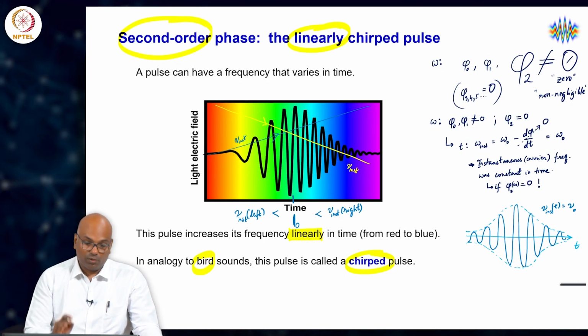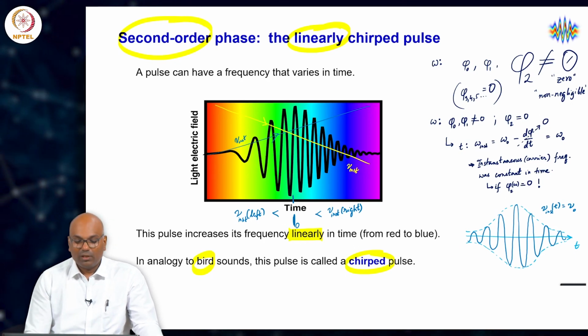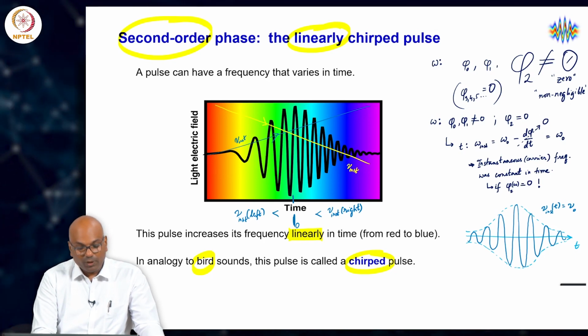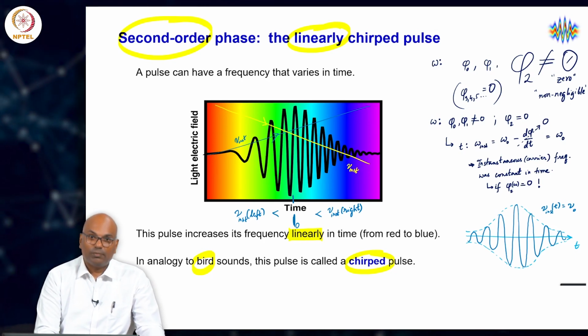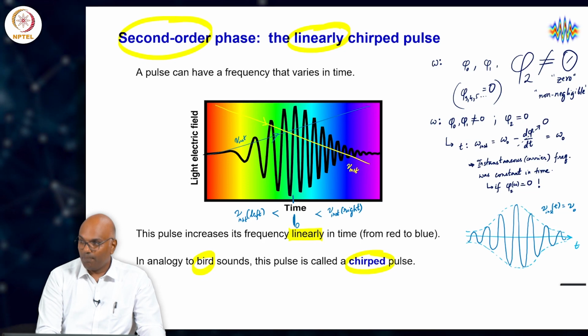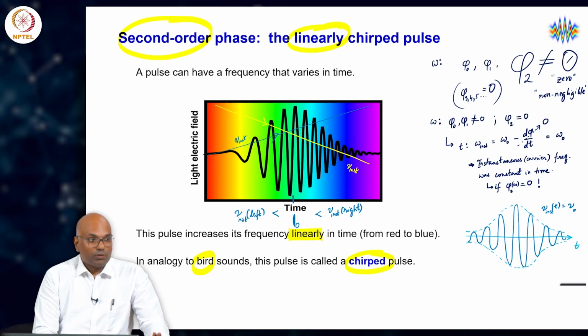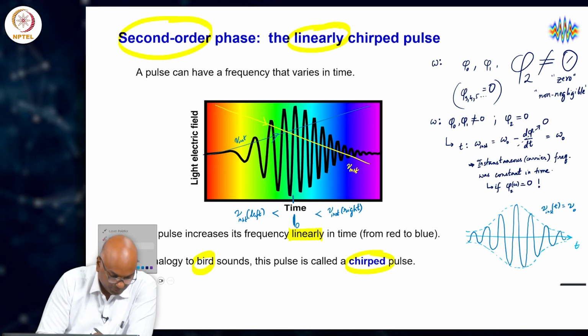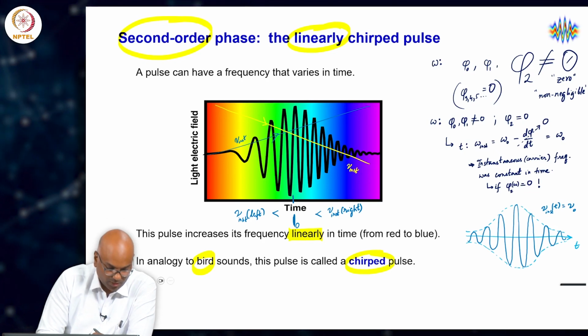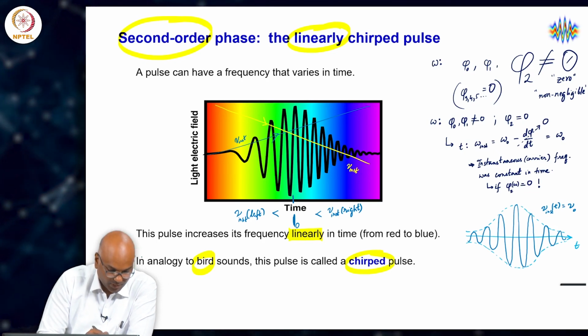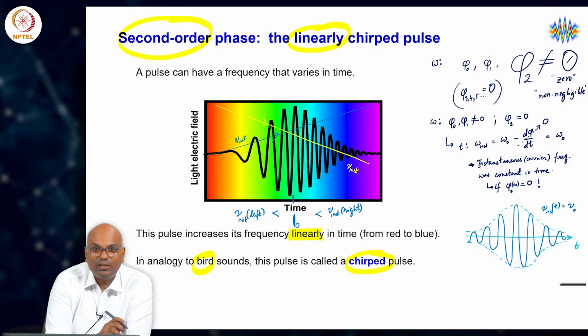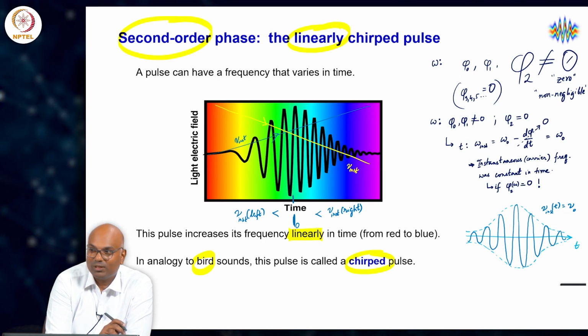So, let second order phase, non-zero phase or linear chirp. This is very good and very important in femtosecond science. Why? Because of two reasons. One is, what was the adage? If you made it, you should be able to measure it.